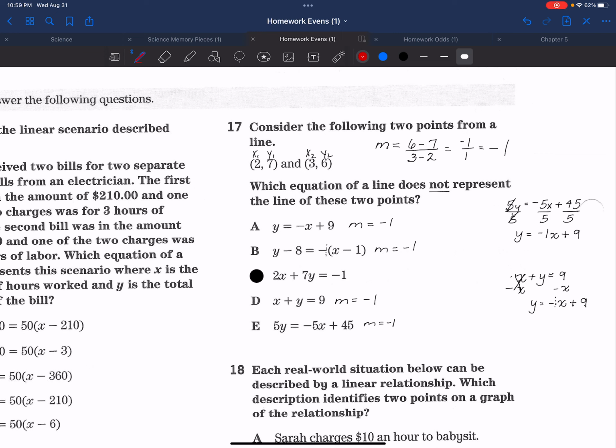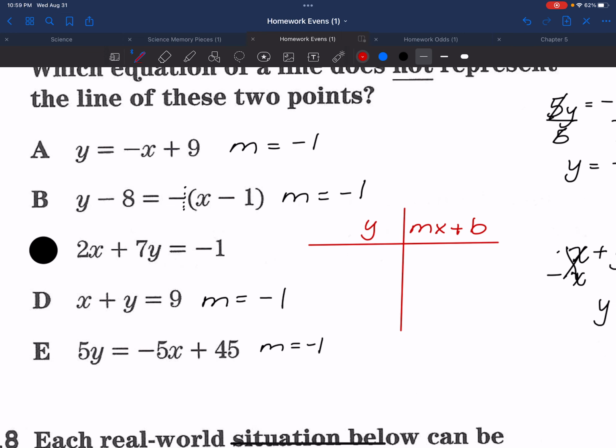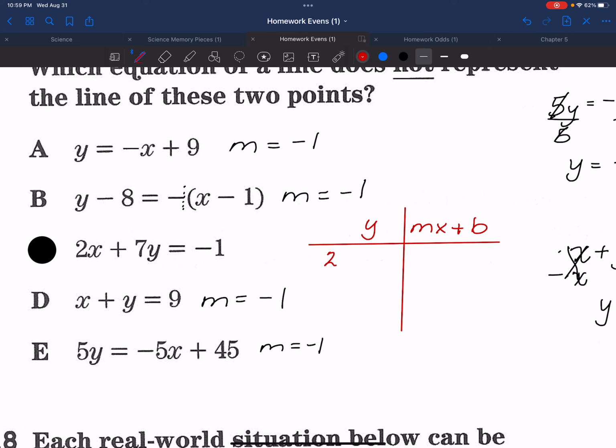And I'm going to use a pattern here of slope-intercept. So we have y equals mx plus b. That's what we want. What we have is standard form, so we have 2x plus 7y equals negative 1.